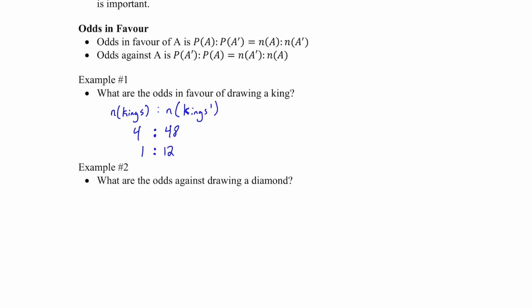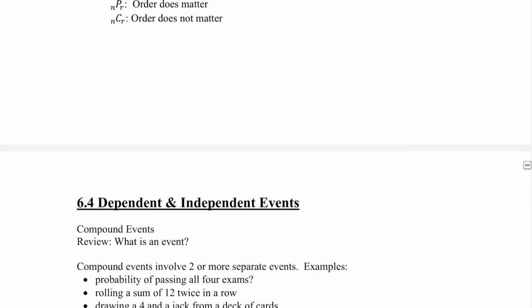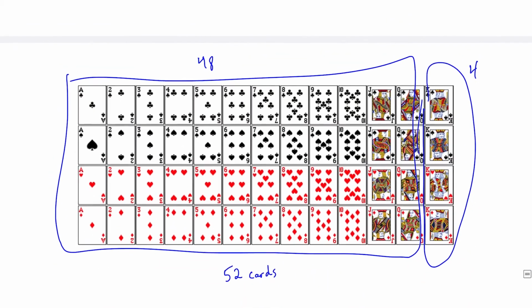Okay, what are the odds against drawing a diamond? So here we're looking for against. So we're going to look at the number of not A. So the number of ways of the complement of getting a diamond, to the number of diamonds. All right, let's scroll down again to our cards.